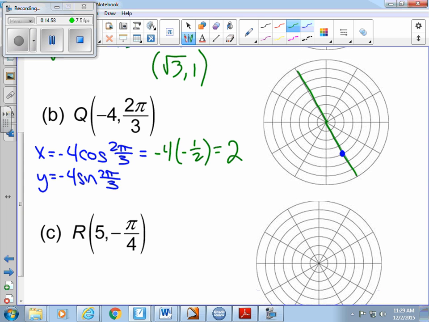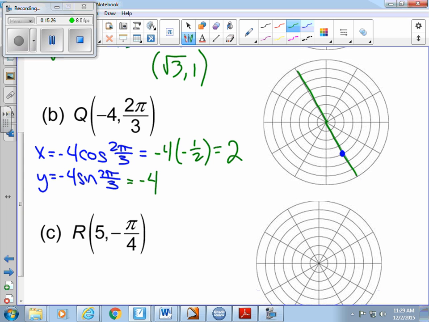What is the sine of 2 pi over 3? Because that negative 4 is negative and all that. Pi over 3. That makes sense.